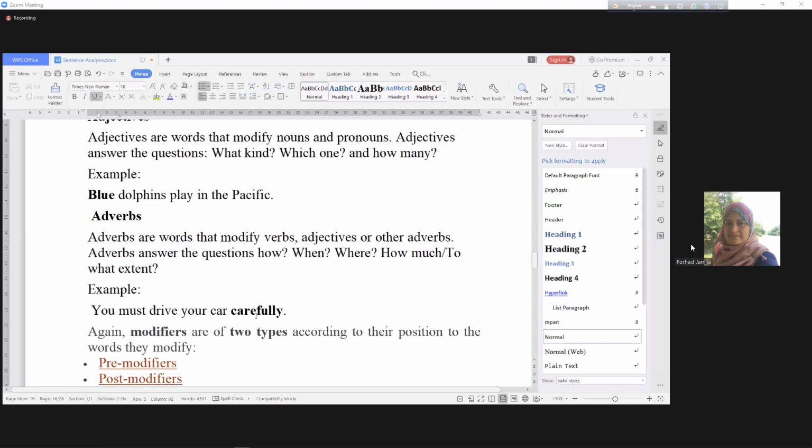Okay, so that word is the adverb, and I think you can find many more examples of phrases and of clauses. ক্লজের ক্ষেত্রে আমি তোমাদেরকে তো বলেছি, ক্লজের ক্ষেত্রে where দিয়ে শুরু হলে সেটা হবে adverb of place। I know where he lives. So where he lives is the adverb of place.